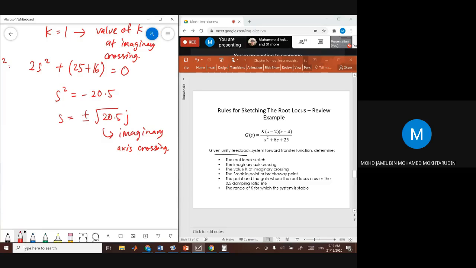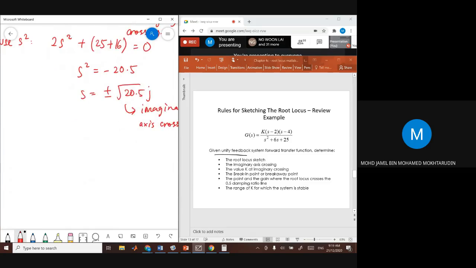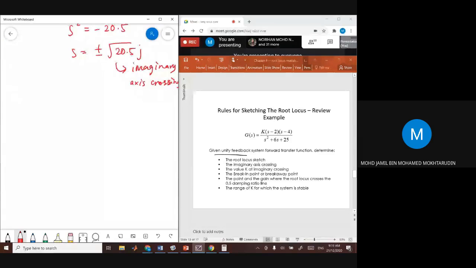And then the question asks the break-in point or breakaway point. So to find this, you need to use the sum 1 over sigma minus zeros equals sum 1 over sigma minus poles.